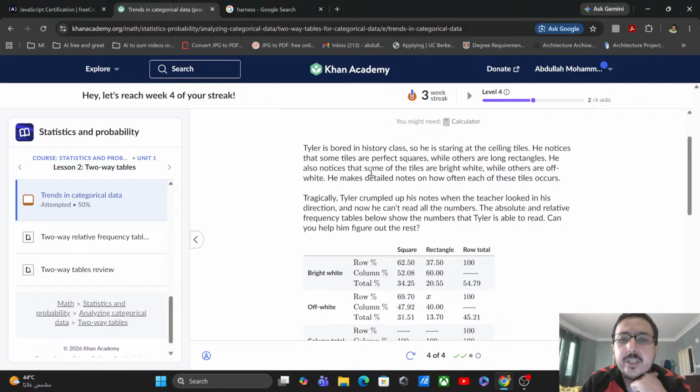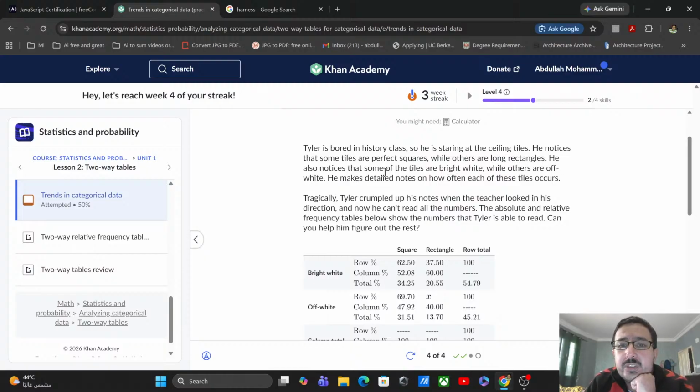Tyler is bored in history class, so he is staring at the ceiling tiles. He notices that some tiles are perfect squares, while others are long rectangles.